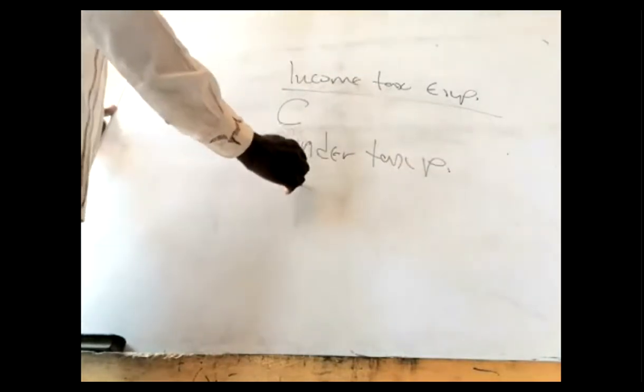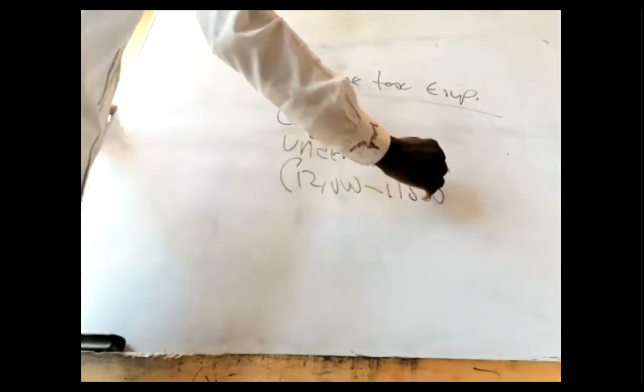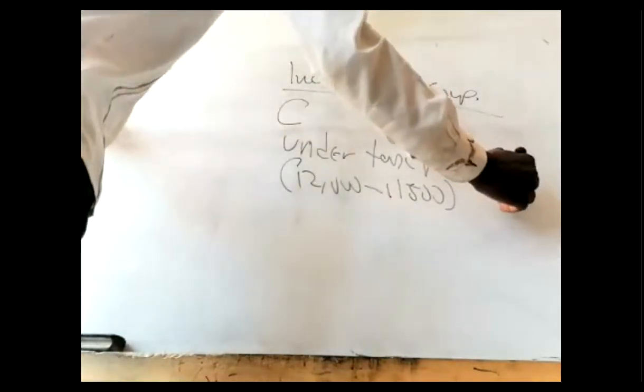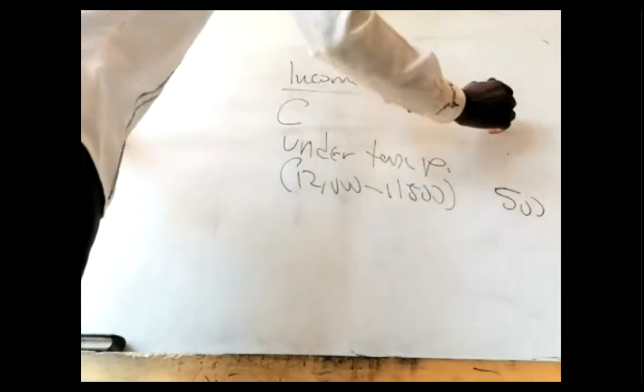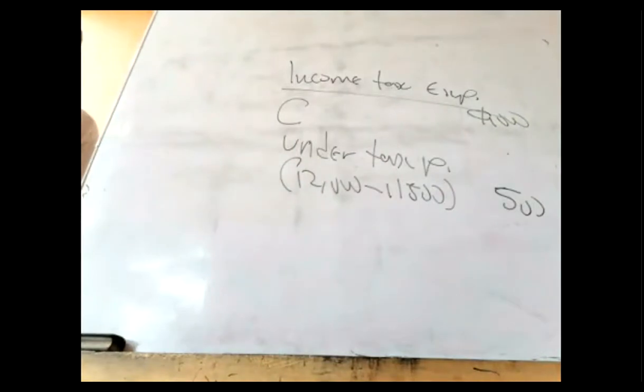Open a bracket. Find the difference. 12,000 minus 11,500. So at the end of the day, you get 500. Have you seen? So even if I cannot determine the current year tax yet, the one they've given me, I'll put it there first. If you do not go on to the balance sheet or the financial position, nothing is left anywhere again.